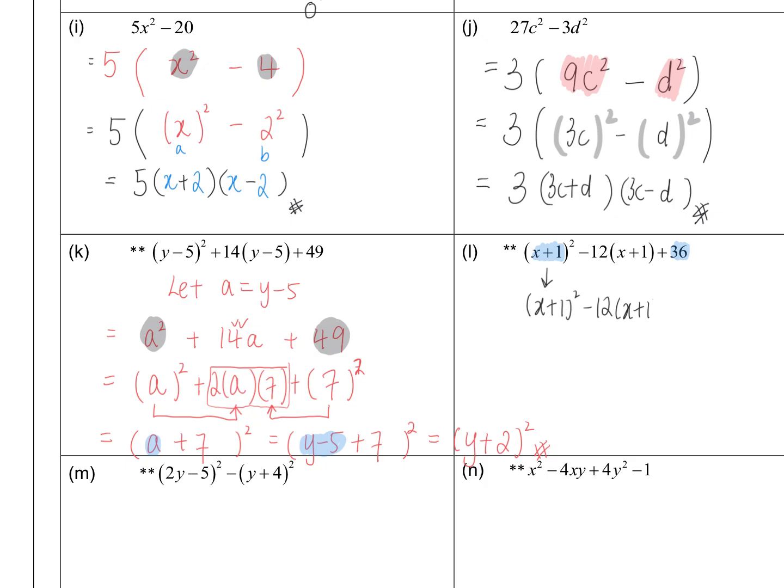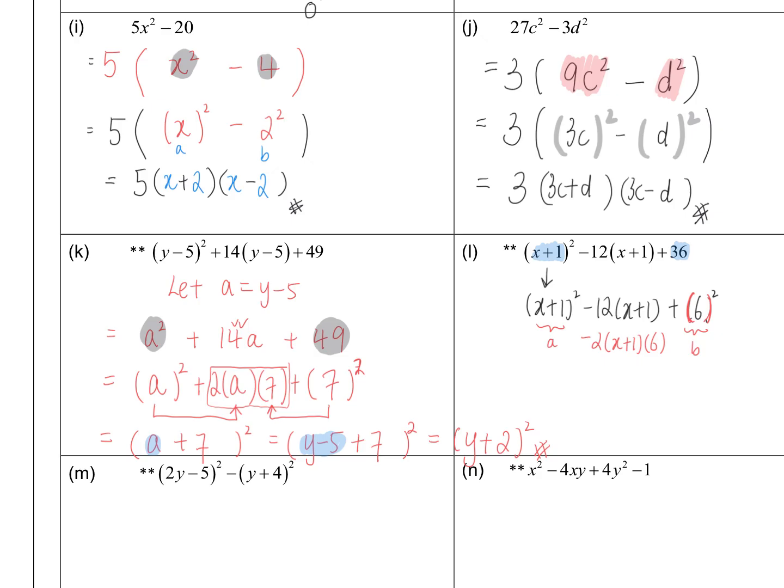If you can just tell your eyes to treat x plus 1 as one object, then this is your A. This is your B. And then if you look carefully, I could actually split this into A, B. Is it the same thing? Can you see that actually essentially they are the same thing?